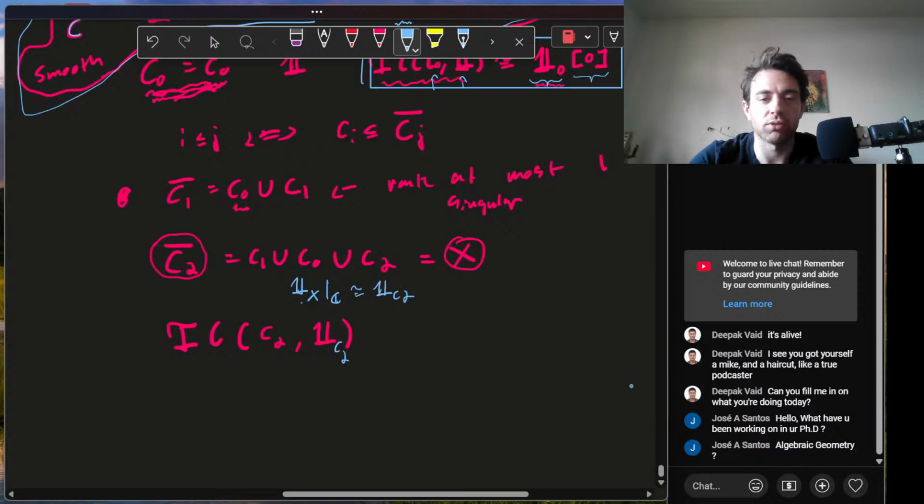Maybe I should have been notating that. But then the push forward from the closure. Well, the closure is all of X, so this is just the identity.